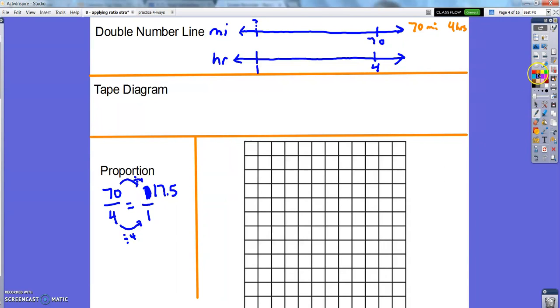It's not totally obvious what the answer is still going to be. So I know I'm going to have 1, 2, 3, and 4 hours. And there's a certain number of miles that goes with 3, a certain number of miles that goes with 2, and a certain number of miles that goes with 1. I want to use what I know here to figure out what goes where.